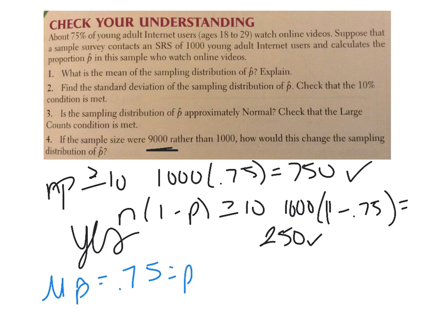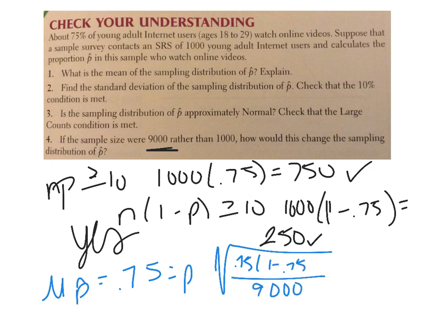And when I calculate the standard deviation, I still have 0.75 times 1 minus 0.75 over, now, 9,000, and then take the square root of that. That is going to give me 0.0046.